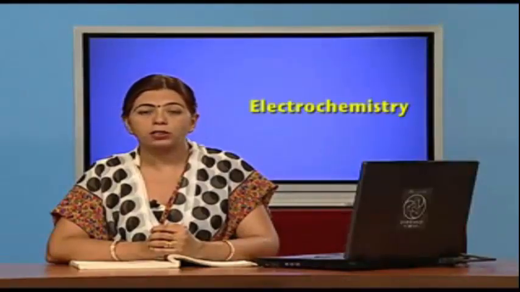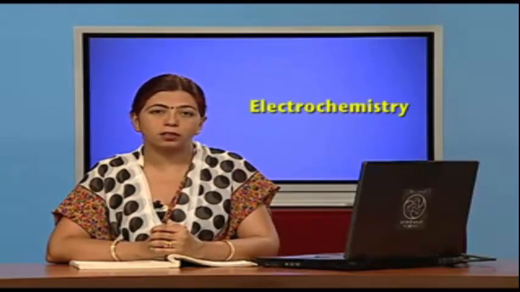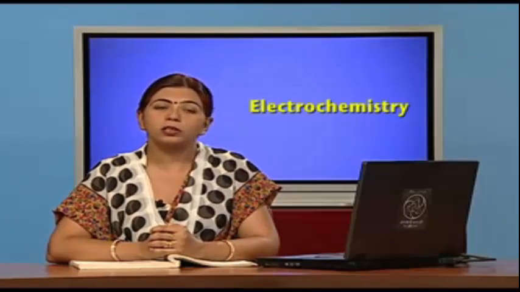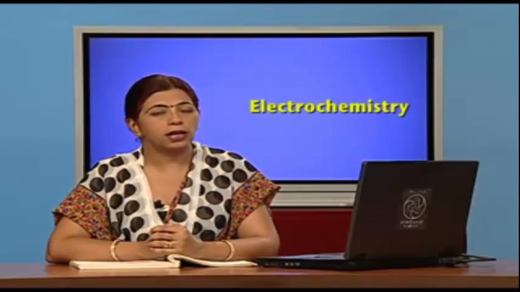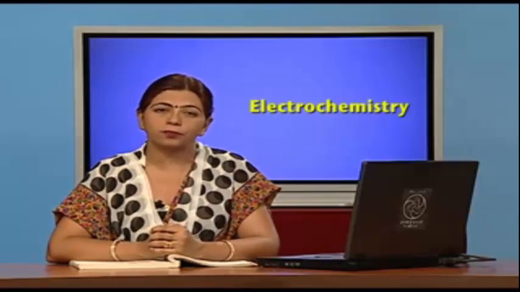Then I explained how to calculate the cell potential and the standard electrode potential by using the Nernst equation. We also studied conductors, the metallic conductors and the electrolytic conductors, and how they are different. I also explained concepts like resistance, conductance, resistivity, conductivity and molar conductance.